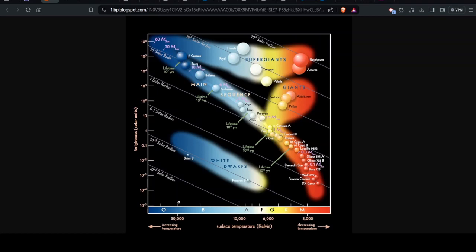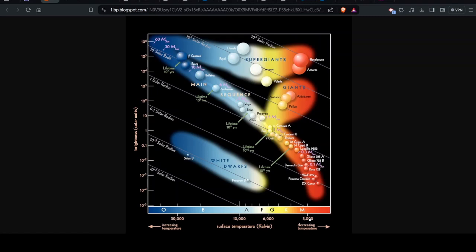And the spectral class down here is O, B, and then we've got A, F, G, K, M. They've added, I think, 3 more in recent years that basically classify the dwarfs.